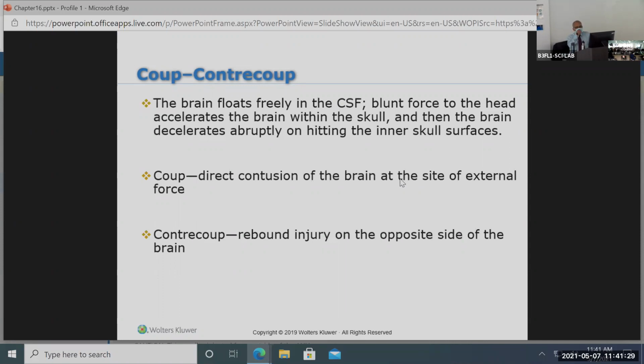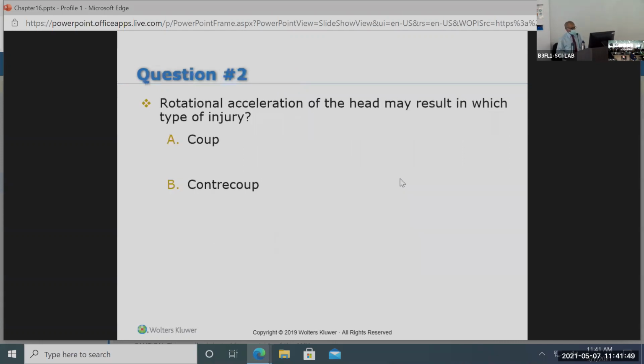Later on, they said the impact was so hard that your occipital lobe is also affected. The injury at the occipital lobe is counter coup because of the impact. Counter coup, rebound injury on the opposite side of the brain.